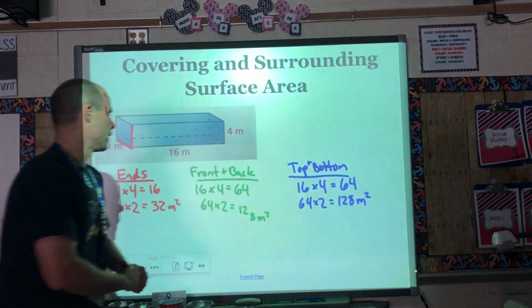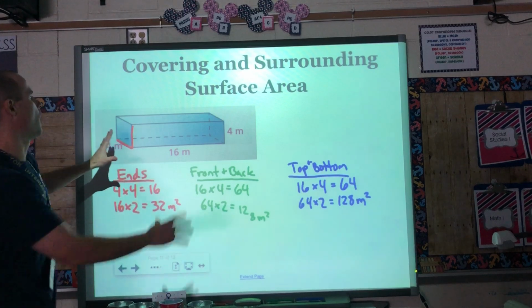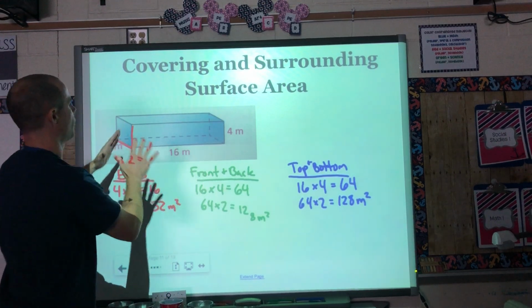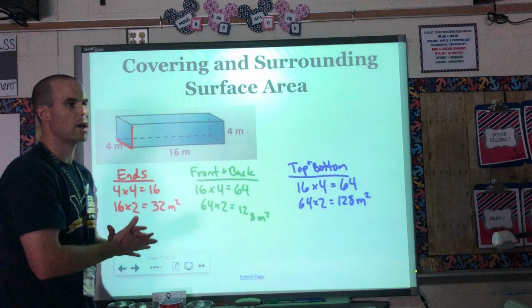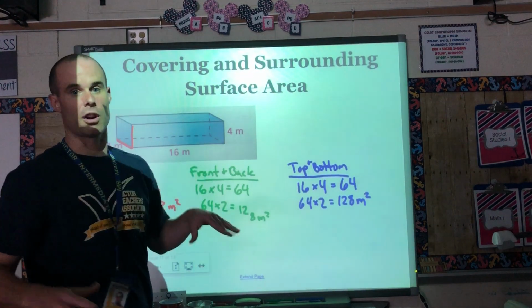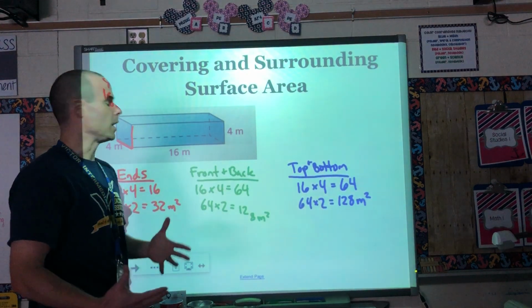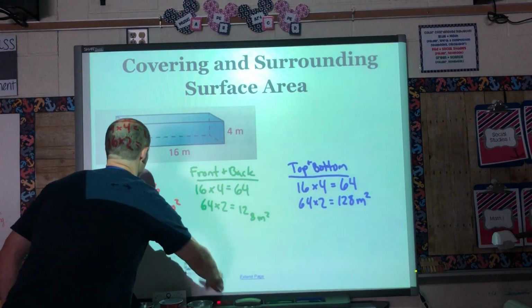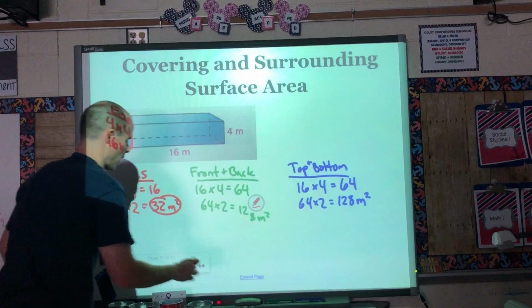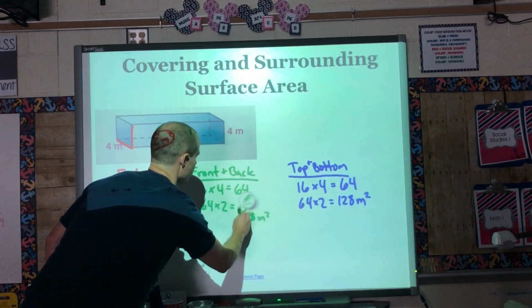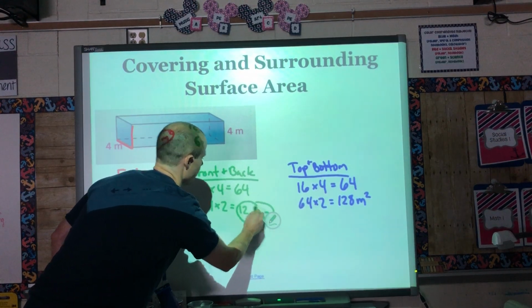So now what we've done is we found the area of our ends, our front and our back, and our top and our bottom. But remember, when we're talking about surface area, we're talking about all of those surfaces put together. So the very last thing we need to do is take all of the areas that we've figured out for all of our different surfaces and combine them.